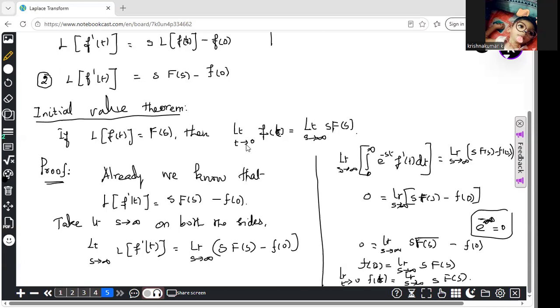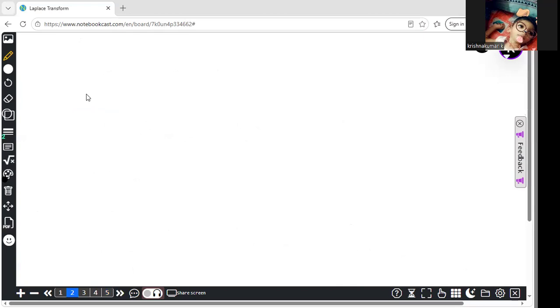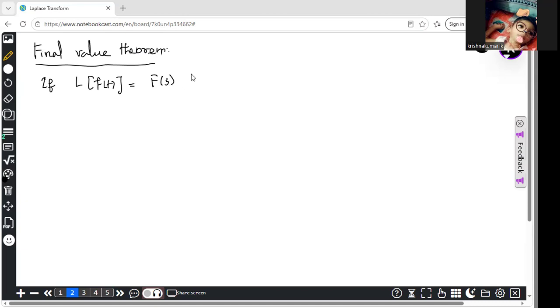So look at the statement of the final value theorem.